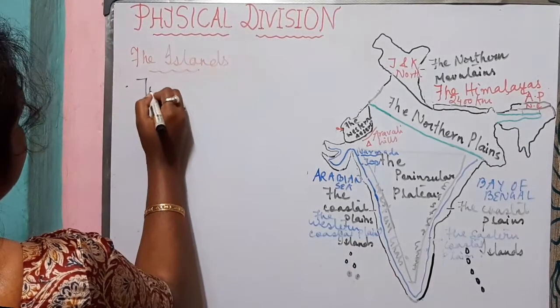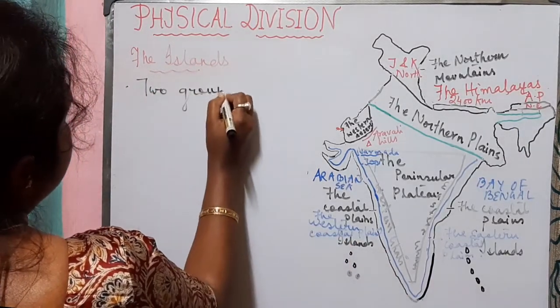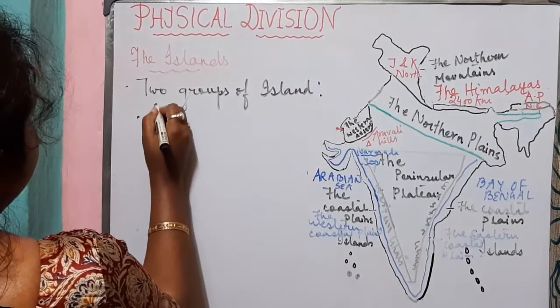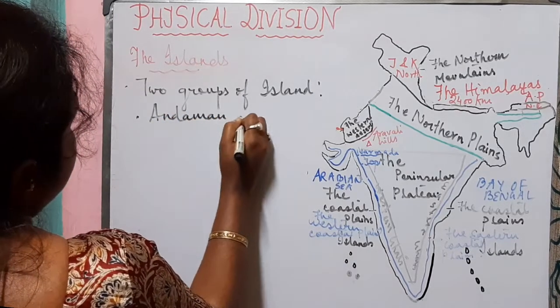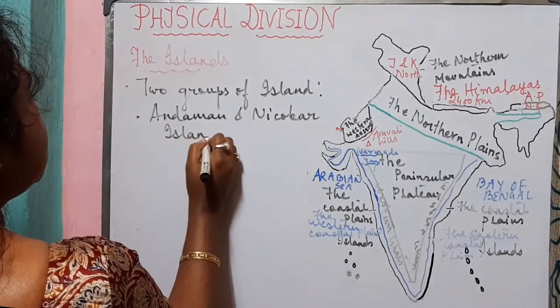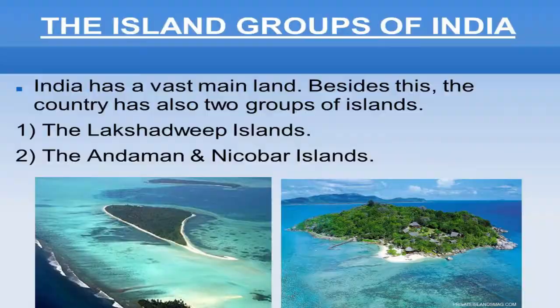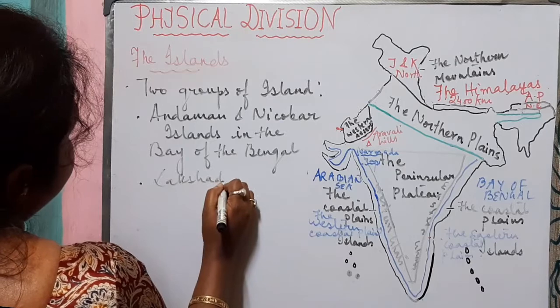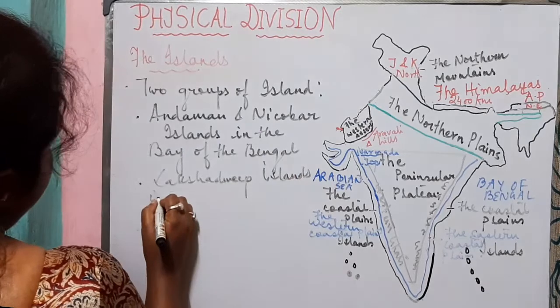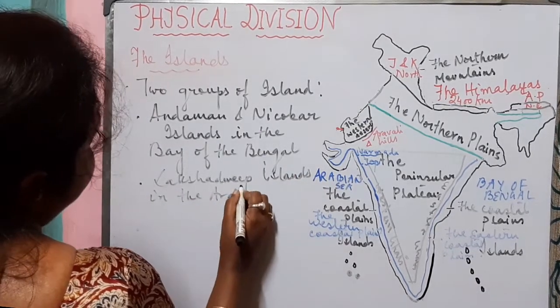There are two groups of islands in India, and they are the Andaman and Nicobar Islands in the Bay of Bengal and the Lakshwadeep Islands in the Arabian Sea.